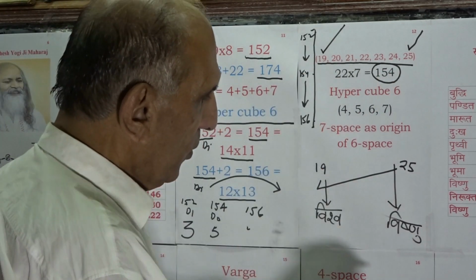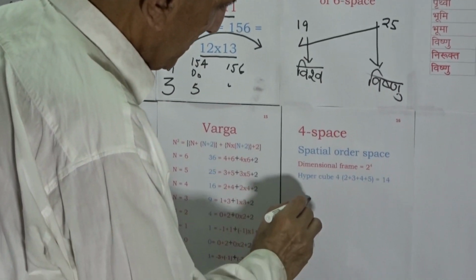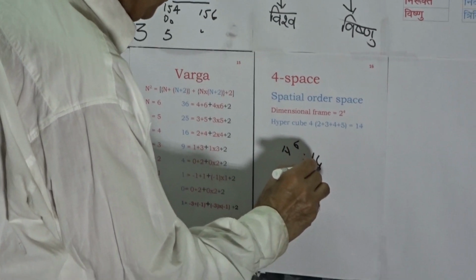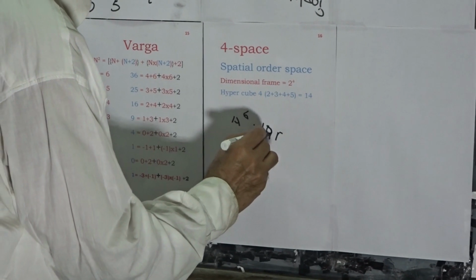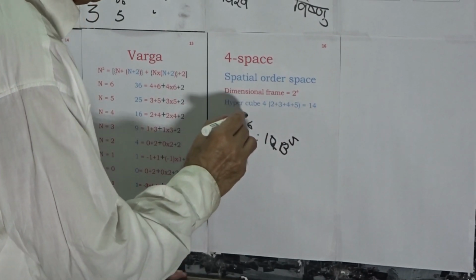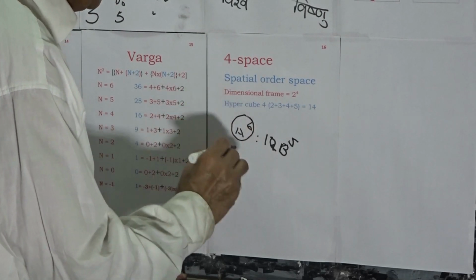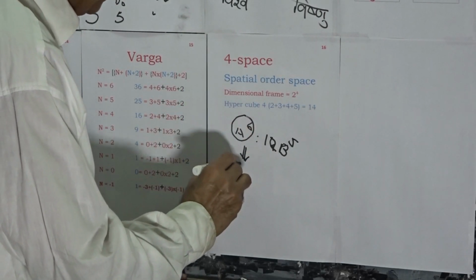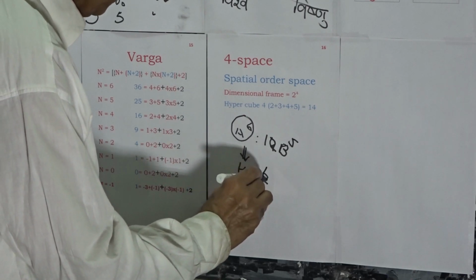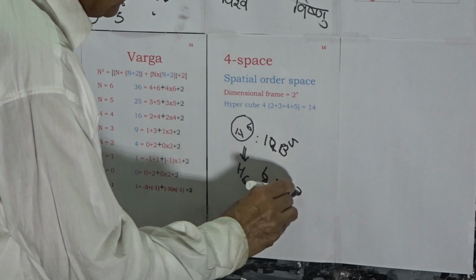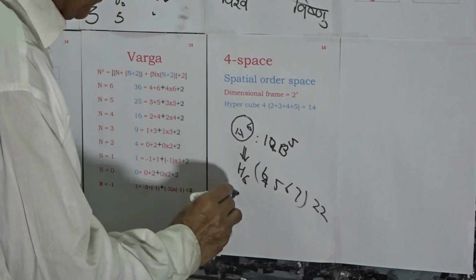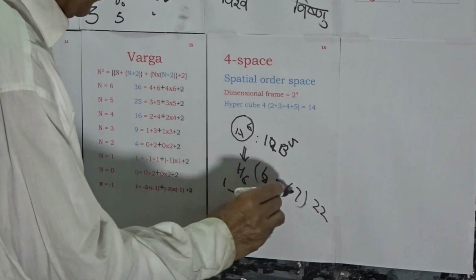Therefore, we know that a raised to power 6 is to 14 into 12 b raised to power 5 and a raised to power 6, as hypercube 6 is of TC value 4, 5, 6, 7 is equal to 22, and we know that 7 space is playing the role of an origin.